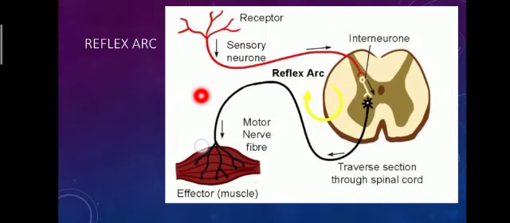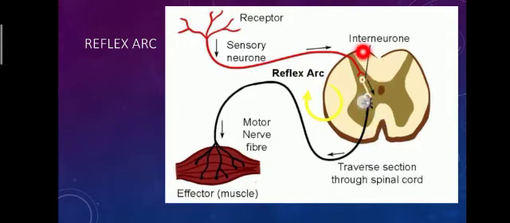Now we'll be talking about the reflex arc. Reflex arc is the path through which the impulse moves. If we touch a hot iron, what happens? Suddenly we withdraw the hand. When we touch the hot iron, an impulse is sent by the help of a sensory neuron to the spinal cord.